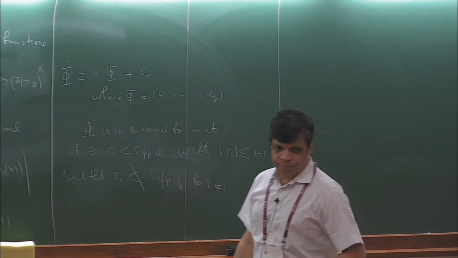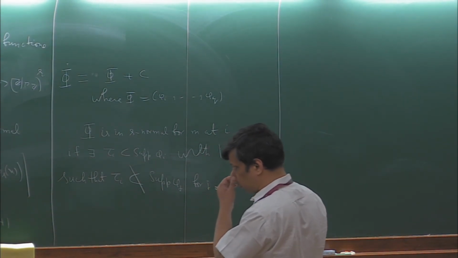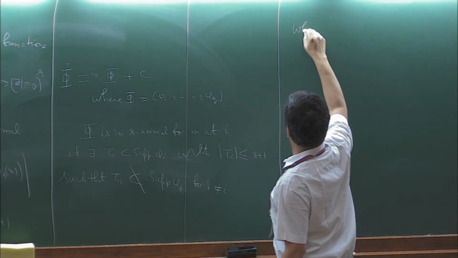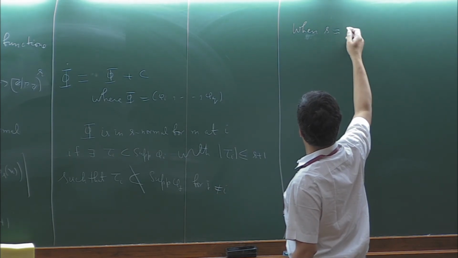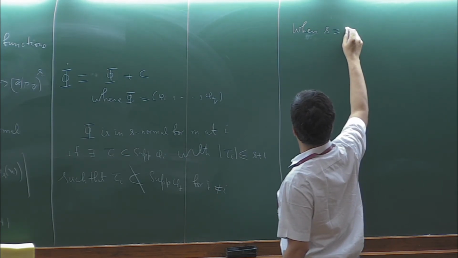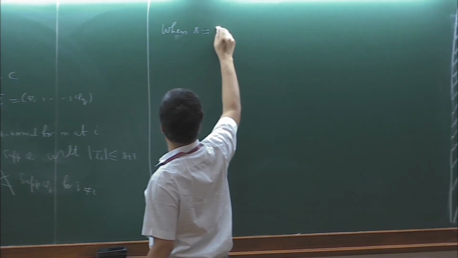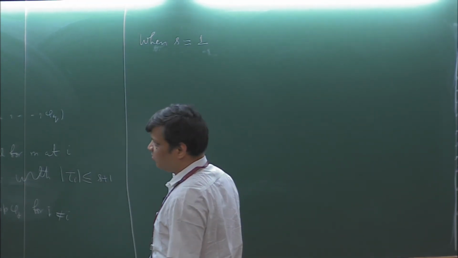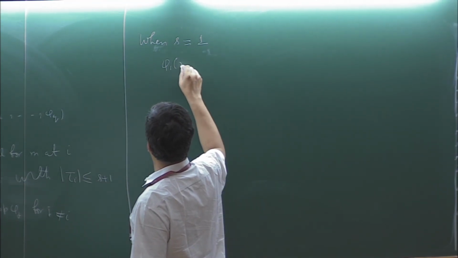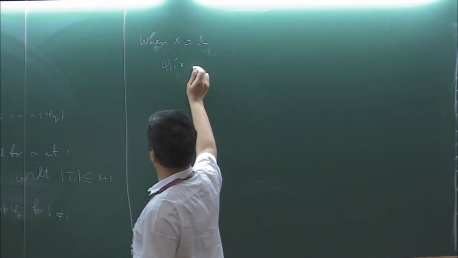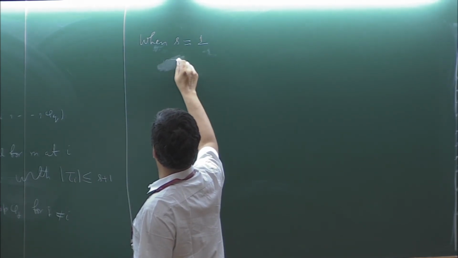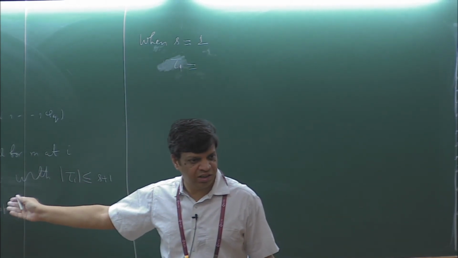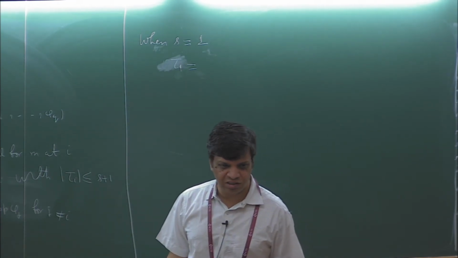So okay, let me prove it when S is equal to, let's say, 1. And suppose tau 1, which was the support, so that phi1 should depend upon the tau 1 elements.